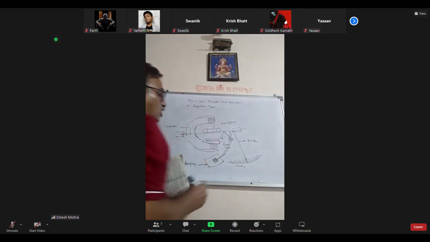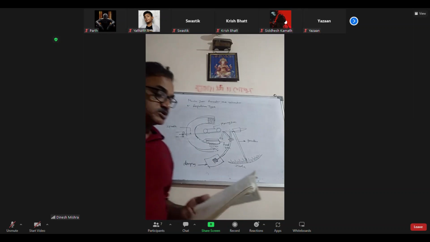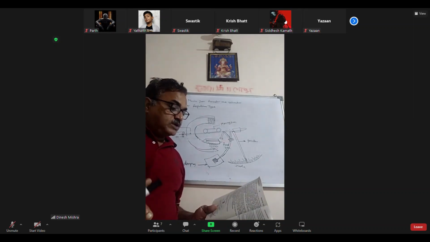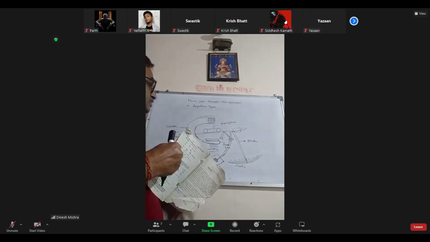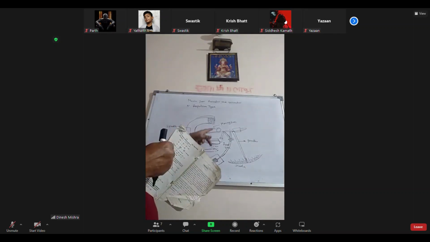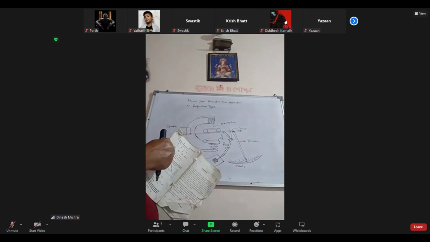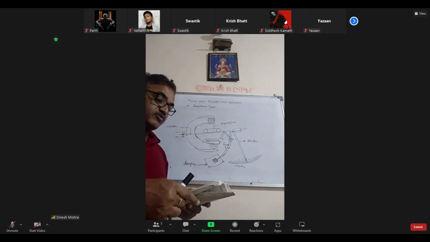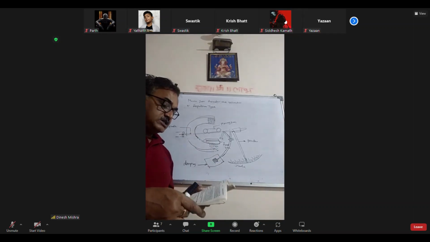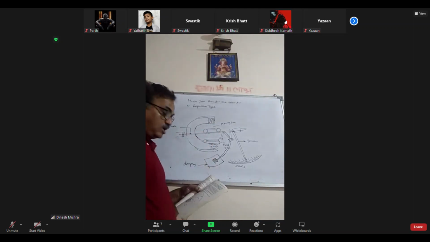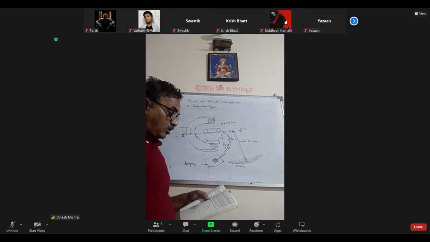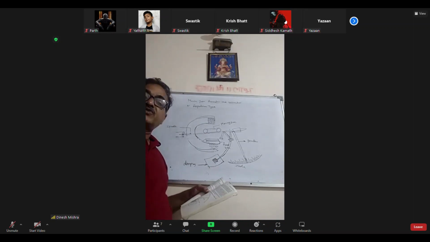Okay. So the figure shows the instrument which has two soft iron pieces: a fixed iron and a moving iron. These two soft iron pieces are in the form of a rod with a curved surface.